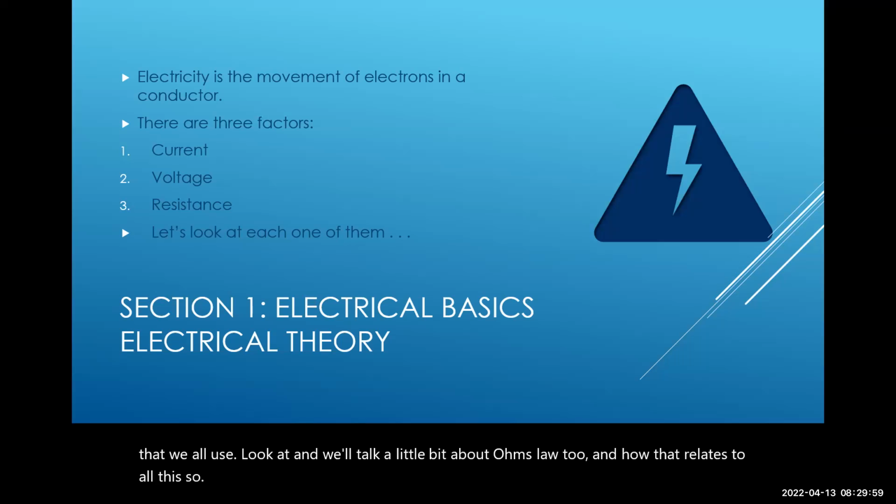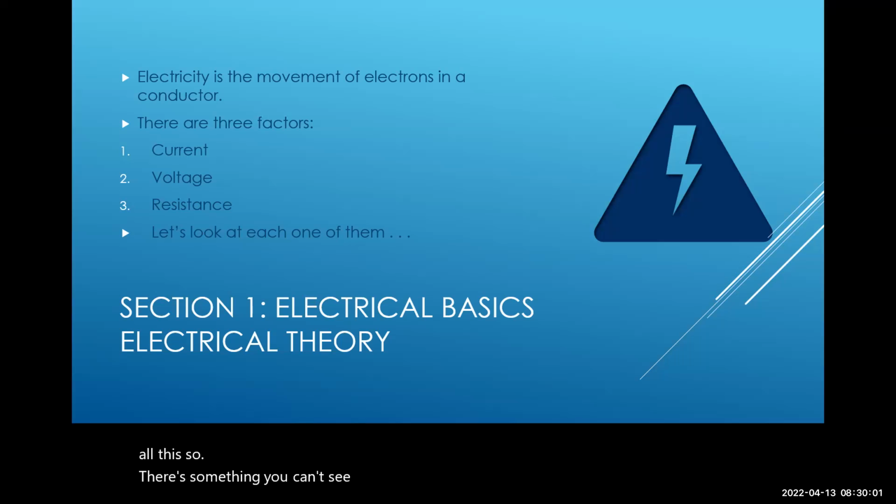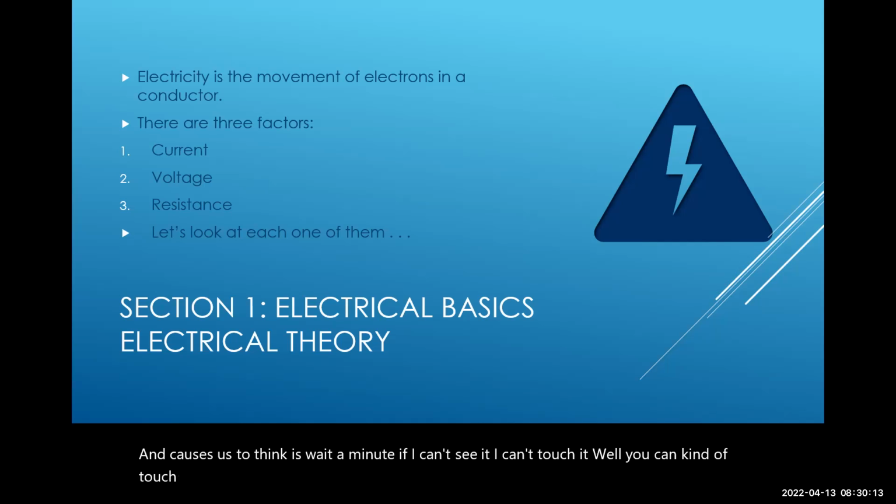There's something you can't see, and this is where it really causes us to think: wait a minute, if I can't see it, I can't touch it. Well, you can kind of touch it, not advisable, but if I can't see it, then I can't understand it. Well, you're going to have to use a little bit of imagination here.